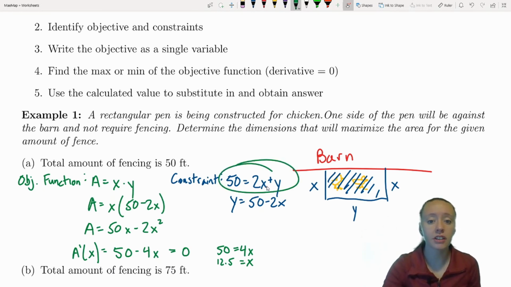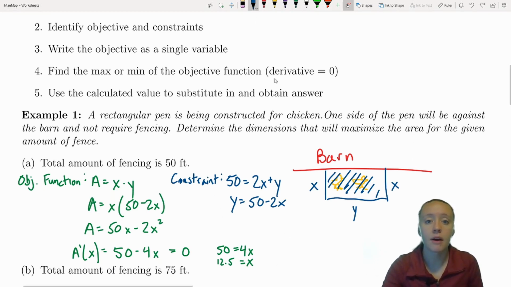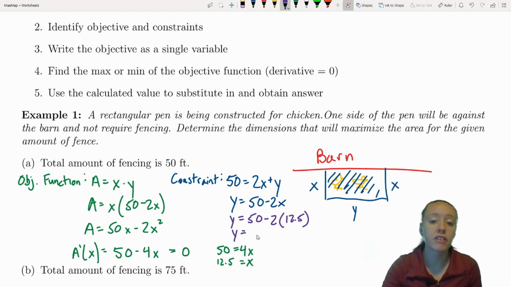Let's use our constraint equation, and better yet, let's use the one where we've already solved for y in terms of x. So y is going to be equal to 50 minus 2 times 12.5. 2 times 12.5 is 25, so y is equal to 50 minus 25, which is 25 feet.